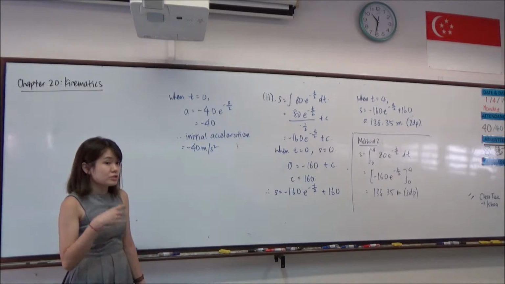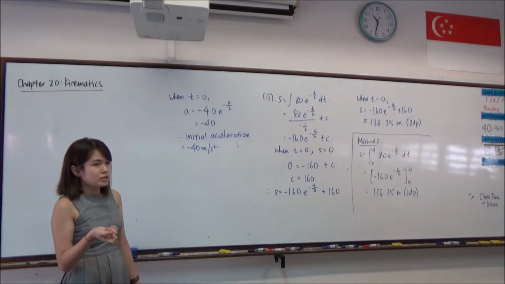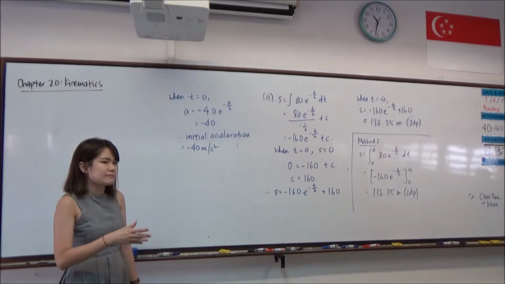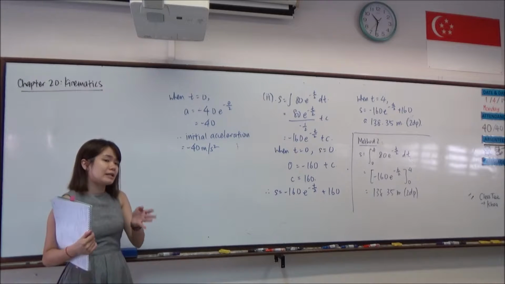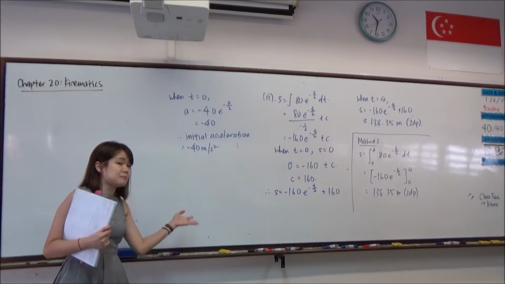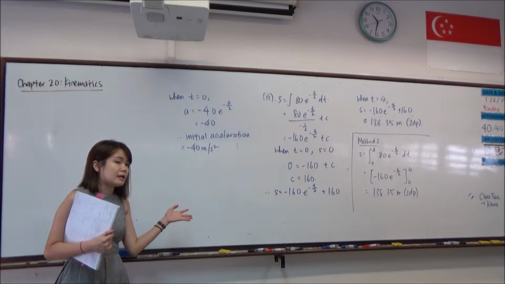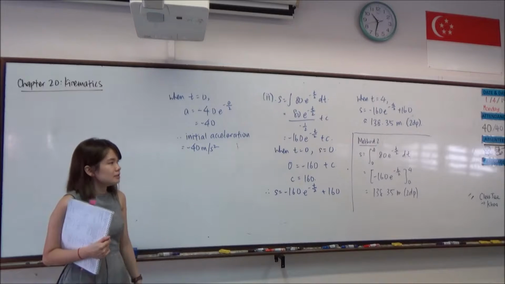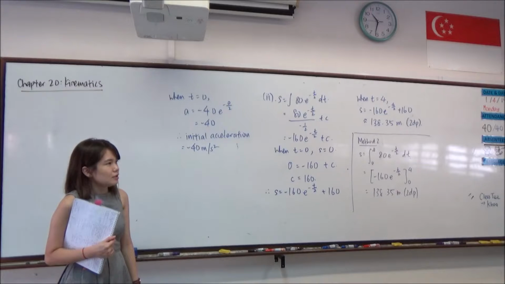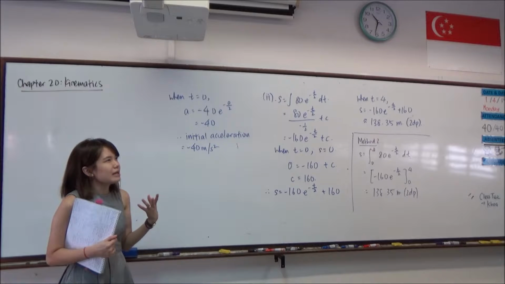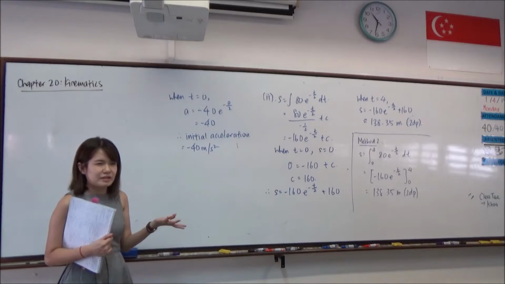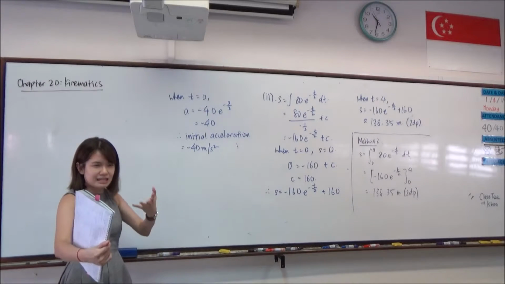Why sometimes when t equals to 0, s is not equal to 0? Because the question might be such that the time is measured from a fixed point O, but the displacement might be measured from a different place. Like, for example, in a marathon race, everybody starts at the starting point, right?